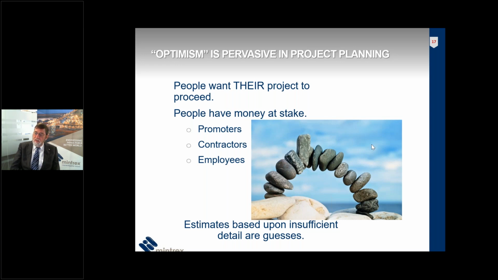So if we recognise that we have this pervasive optimism that's fed by serious conflicts of interest, then it highlights the need to critically assess projects independently. And obviously banks and financiers do that, but you don't want to get to that stage before you find the problem.